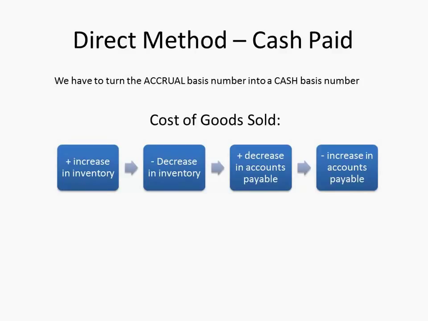What's going to happen to your inventory balance when you sell that $50 worth? It's going to decrease. So if inventory goes down, then the number that you're going to report for cash paid goes down, because you are just taking inventory that you had already from last period and paid for and using it up in this period.